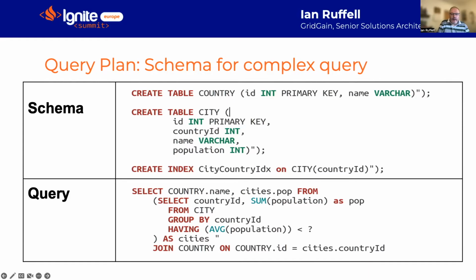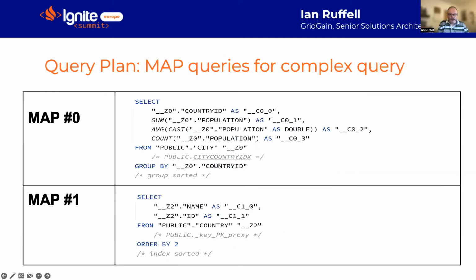We're going to get the name and population of countries that have an average city population above some predefined argument. And this one is meant to reproduce a case where intermediate results are being passed to another part of a query. In our case, it's a distributed join. So here you can see the situation when there are 2 map queries, and the query splitter decided to split the original query into those 2 queries.